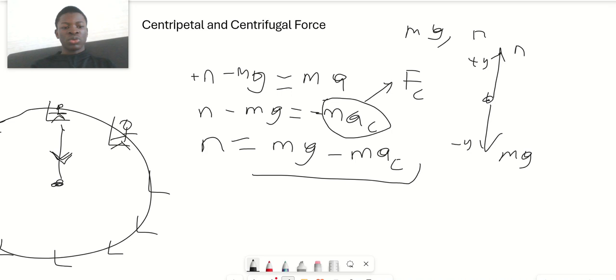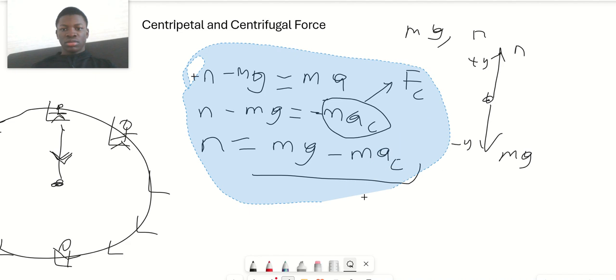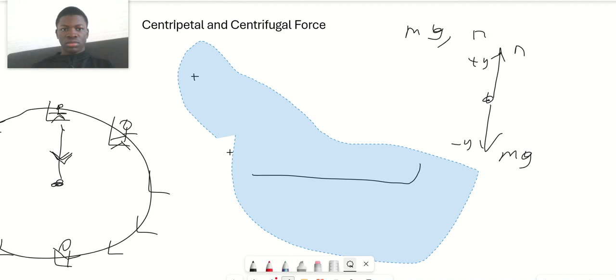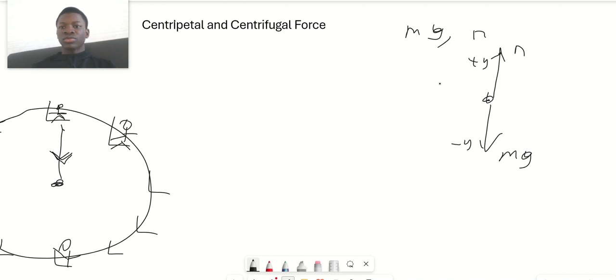Let's talk about when the person is at the bottom of the Ferris wheel. When the person is at the bottom, the centripetal force and centripetal acceleration are pointing towards the center of the circle, and this time, according to the axis that we set up, it is going to be pointing upwards, right?